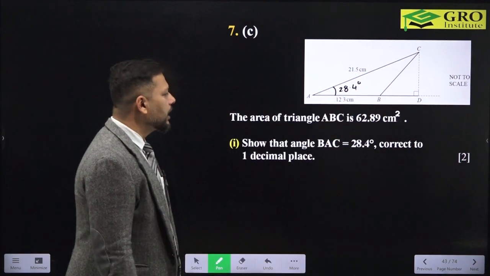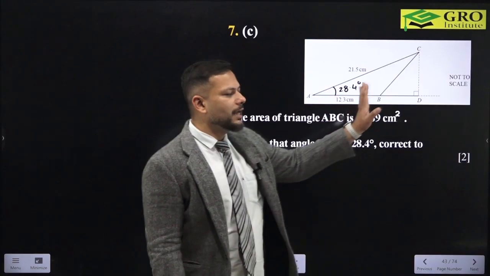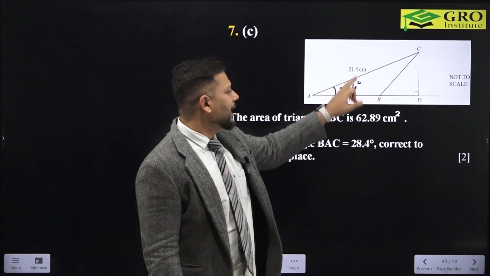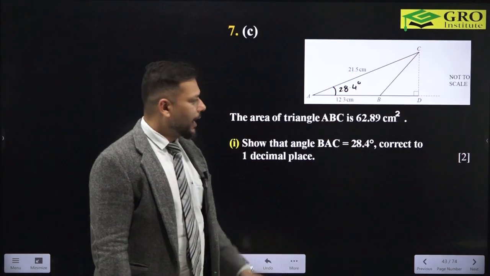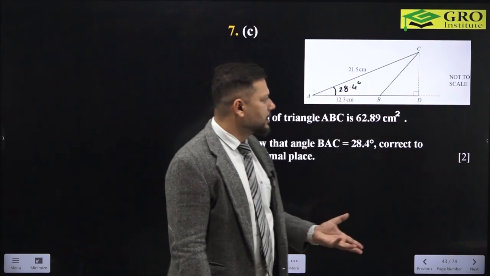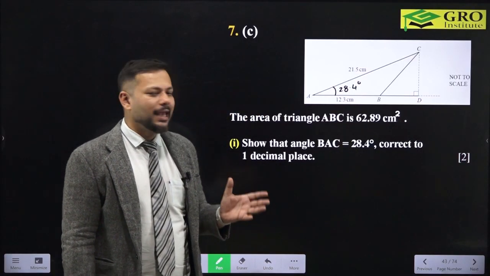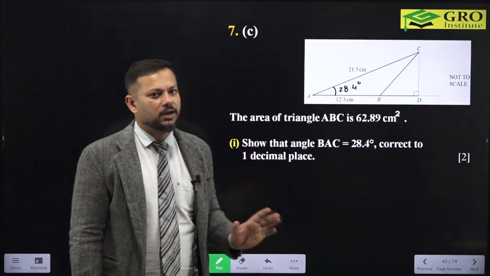How can we prove it? If we talk about only triangle ABC, in triangle ABC we are being given AC and AB, and we are not being given anything else. So do we know a formula related to it? How would we get the area of the triangle associated with this?